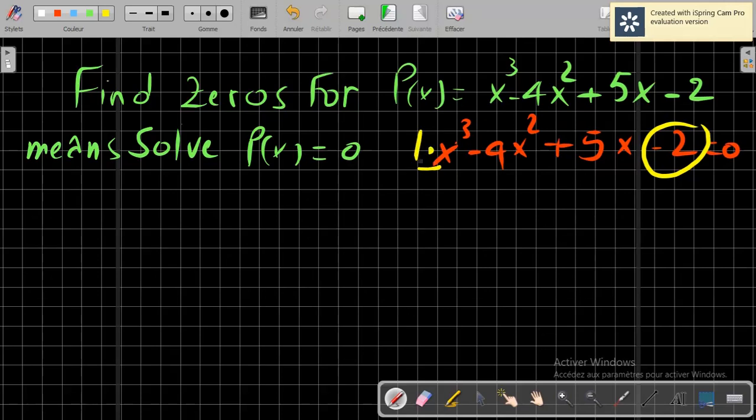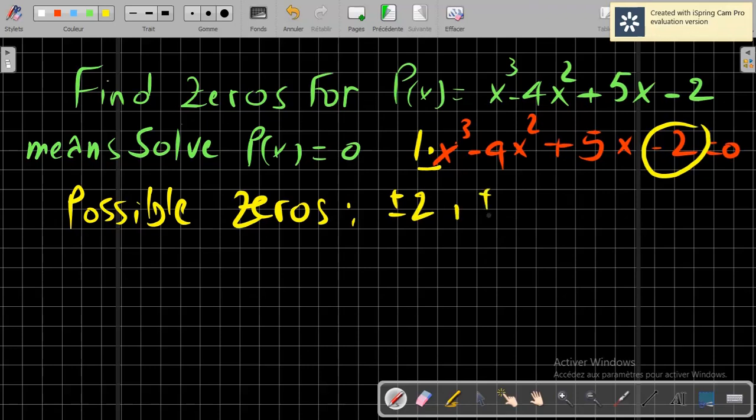So possible zeros are plus minus 2, plus minus 1 over plus minus 1. So possible zeros are plus minus 1 and plus minus 2.